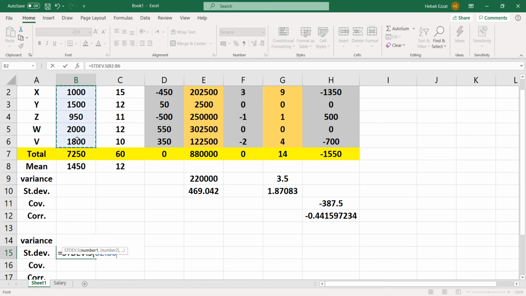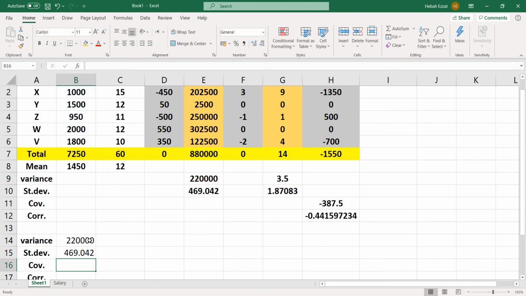Select the range of my data. This would benefit me if I haven't calculated the variance, so I can calculate the standard deviation directly.